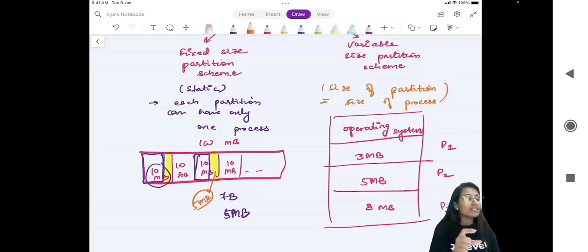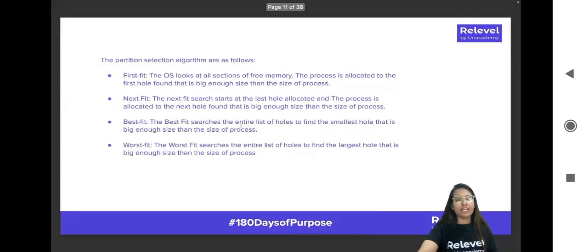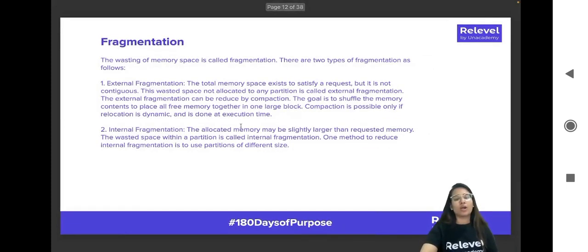But the issue is that this kind of approach leads to a situation where there is wastage of space between two partitions. That wastage of space between two partitions is known as the concept of fragmentation, which we are going to talk about next.